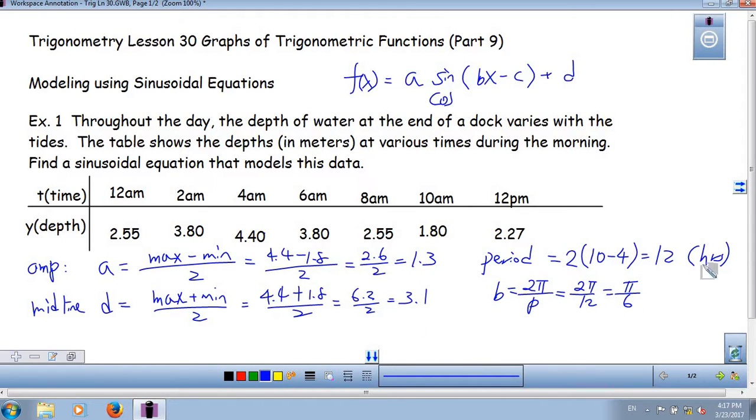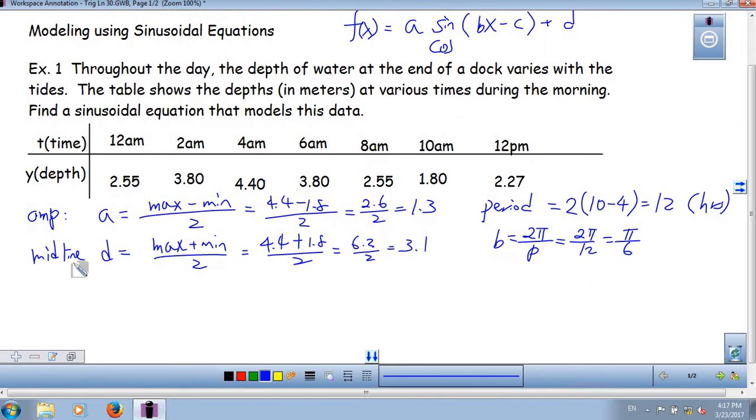Okay, now let's talk about the phase shift. If you remember, the phase shift is equal to C over B. So this is where you want to start, and where you start depends on which function you want to use. If we want to start with sine functions, we start with the midline, which is 3.1 meters in this case.